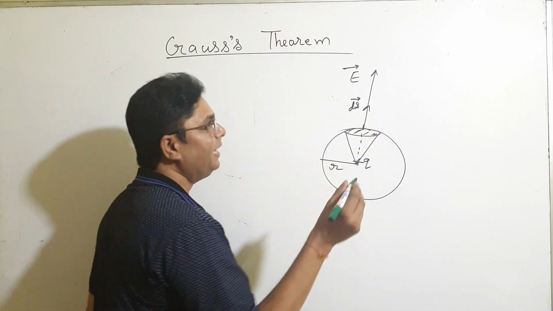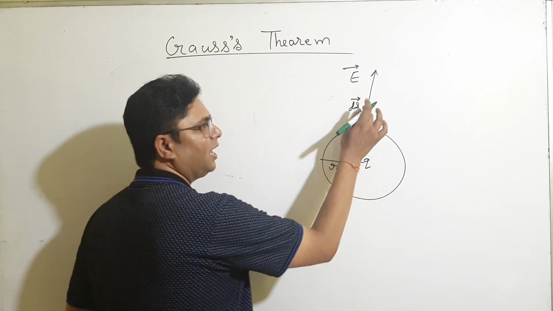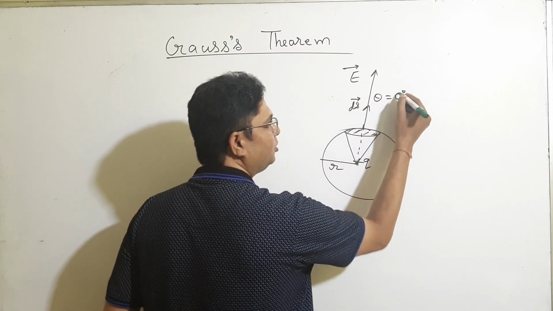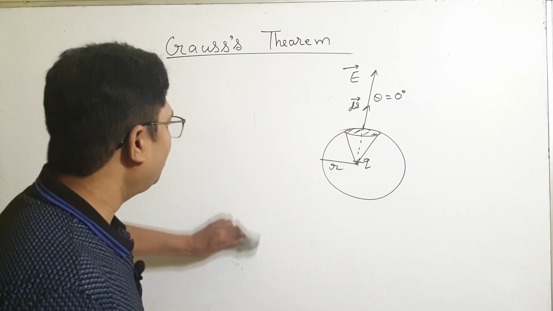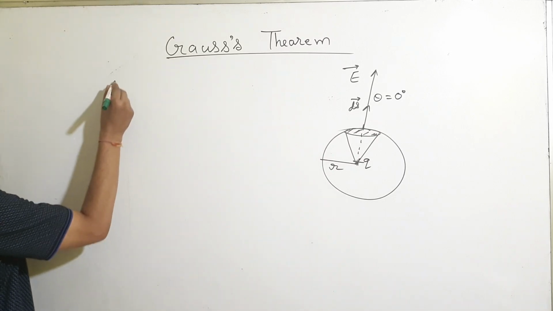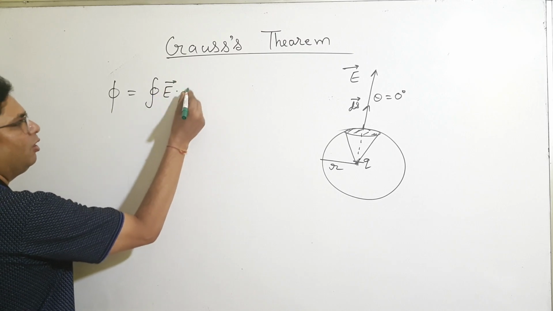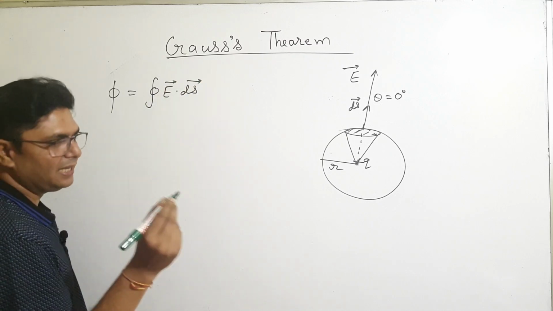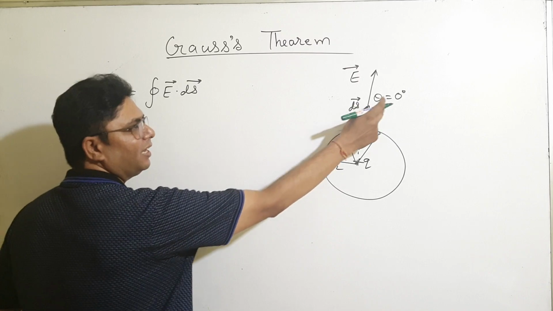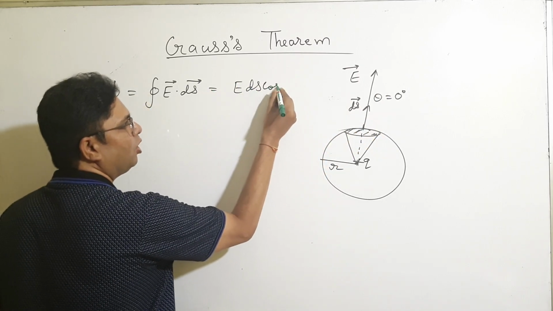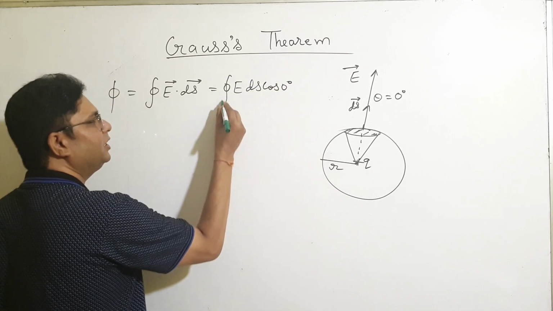Electric field and ds are along the same line, so the angle between these two, theta, is 0 degree. Now flux phi equals closed integration E dot ds. As E and ds have angle 0 degree, this is equal to E ds cos 0 degree, closed integration.